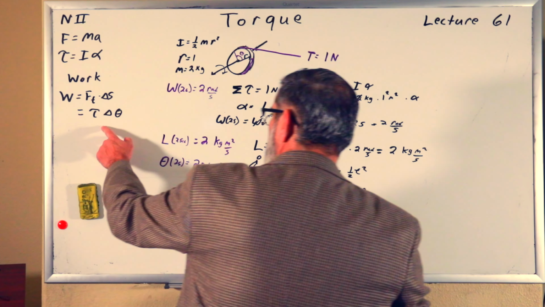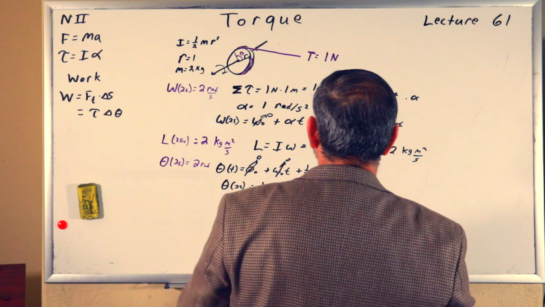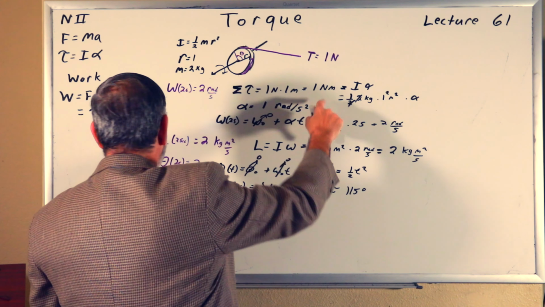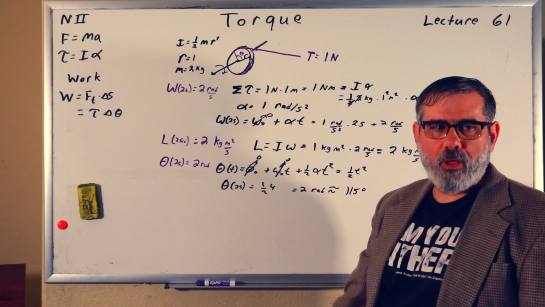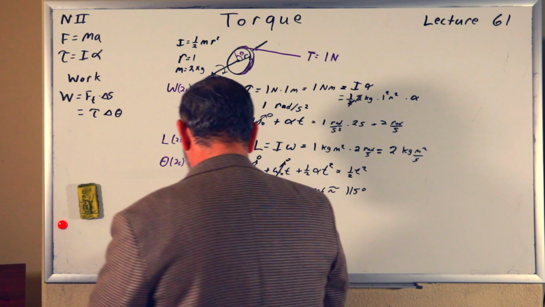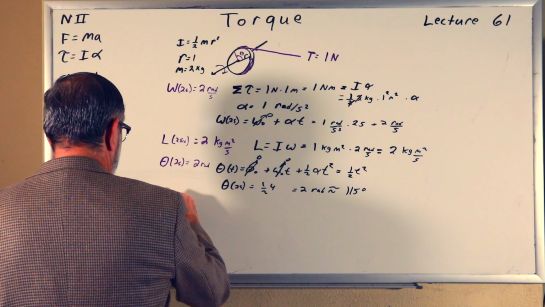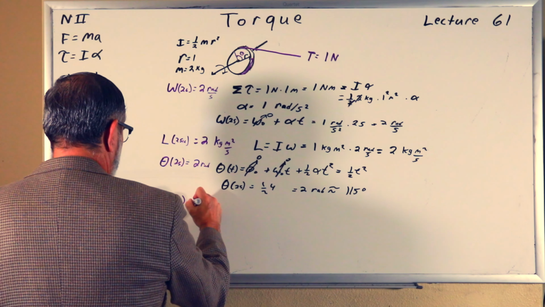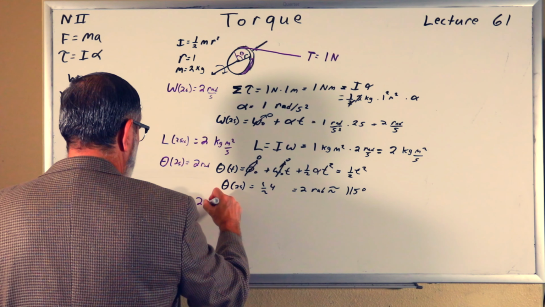The torque is 1 Newton meter. We calculated that here. And delta theta: we went from theta equal to 0 to theta equal to 2 radians. So the work that we've done in this 2 seconds is just equal to the torque, 1 Newton meter, times 2 radians, so that's 2 joules.